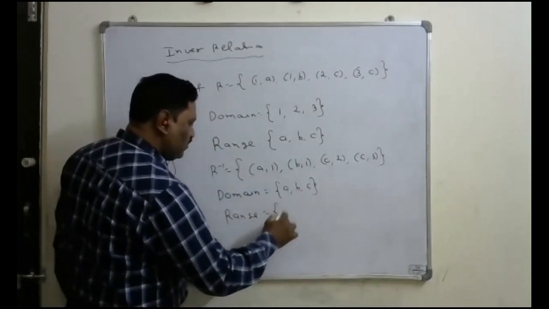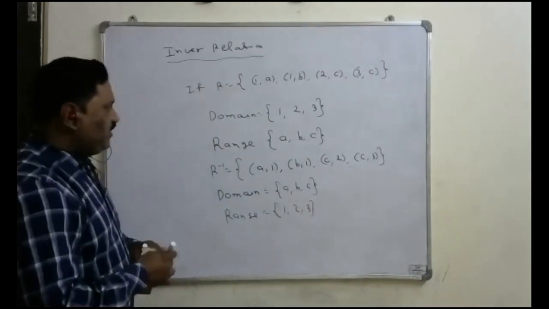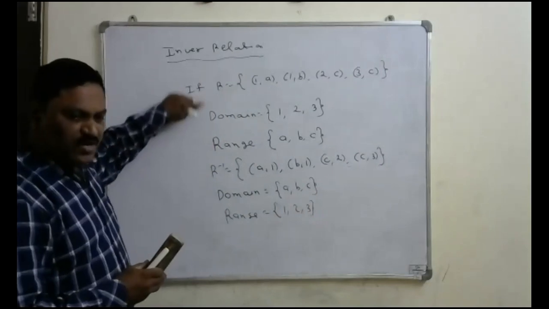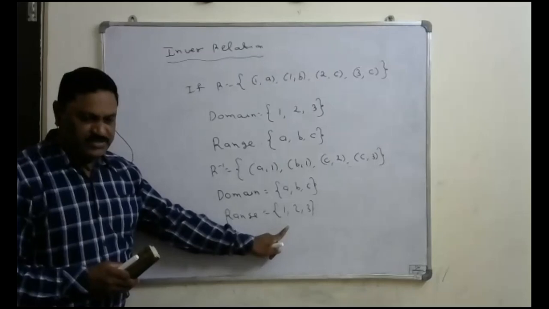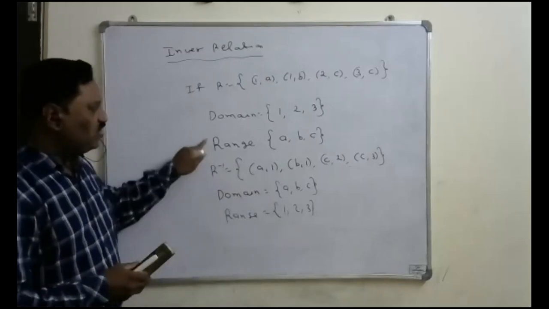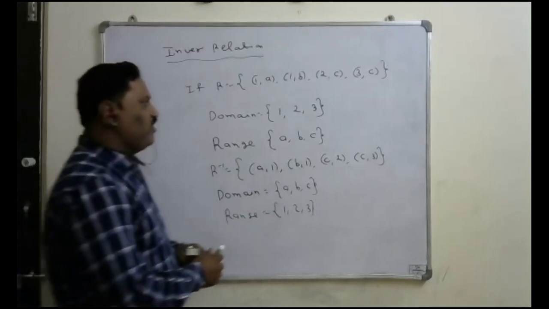So from this we can understand that the domain of the relation R is equal to the range of R inverse, right? Similarly, the range of R is equal to the domain of R inverse. This is the point we have to remember.